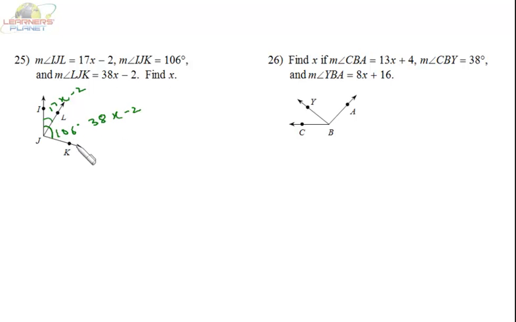Now this angle plus this angle will be this complete angle. Okay, or we can say IJL, that is 17x minus 2 plus LJK, that is 38x minus 2, will be equal to this complete angle, that is IJK, 106.